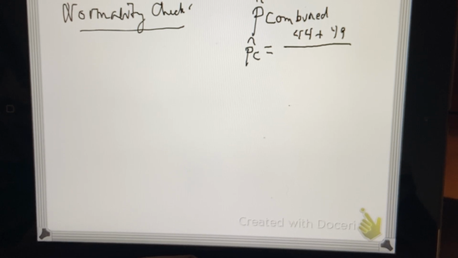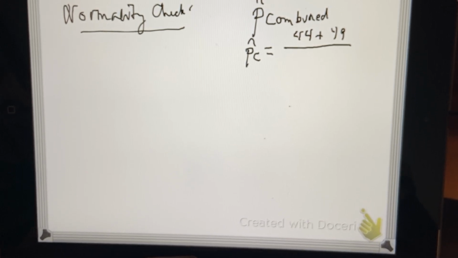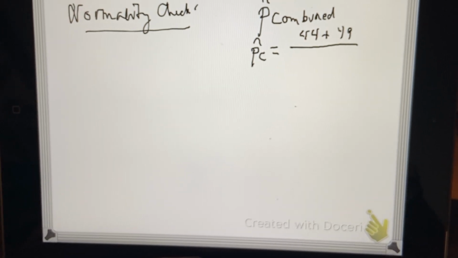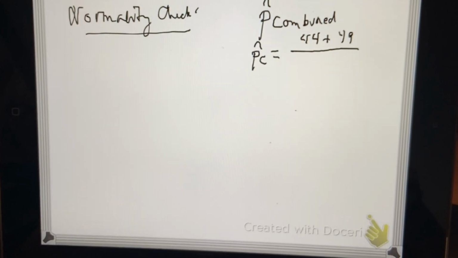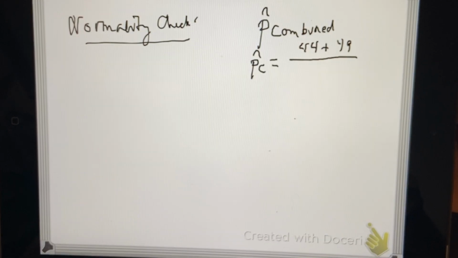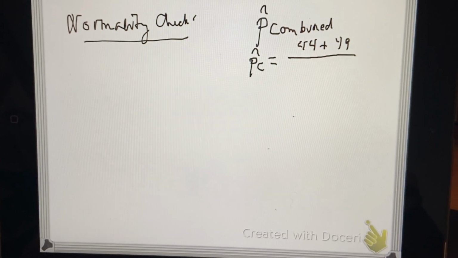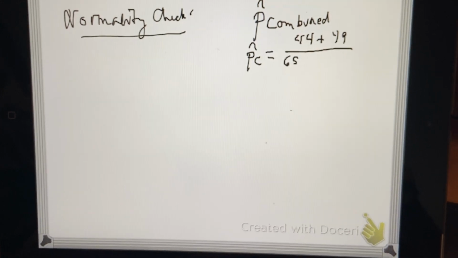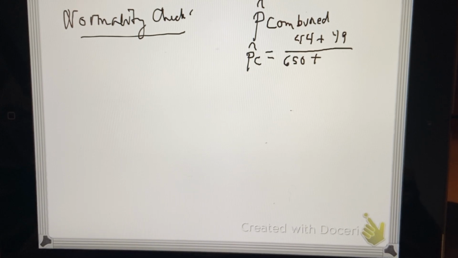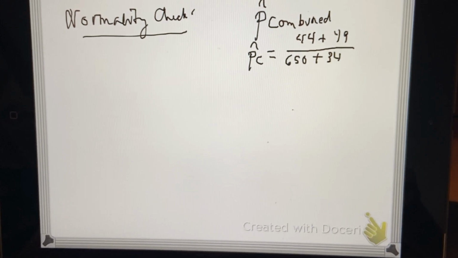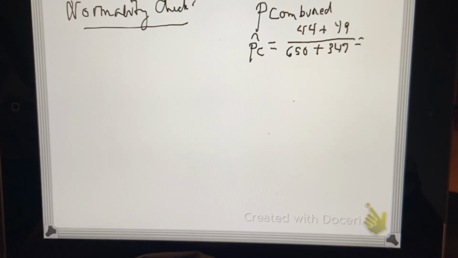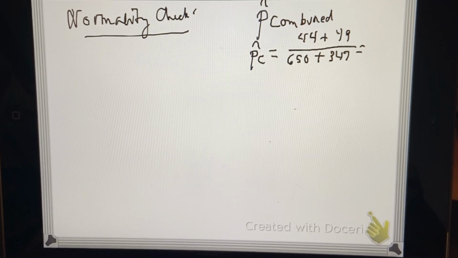In other words, it's the number of successes, in quotation marks, because it's sad that you get adverse symptoms. But that's our focus. The bottom denominator is just the two sample sizes added together, so 650 plus 347, and I get what we call a combined p hat.